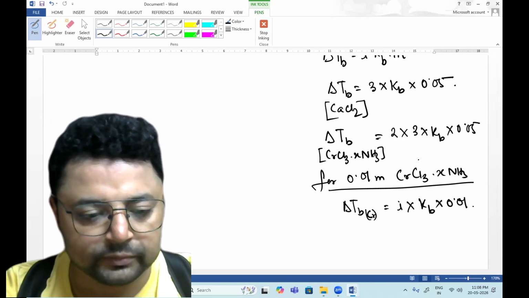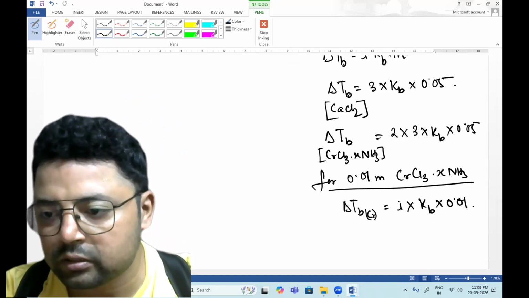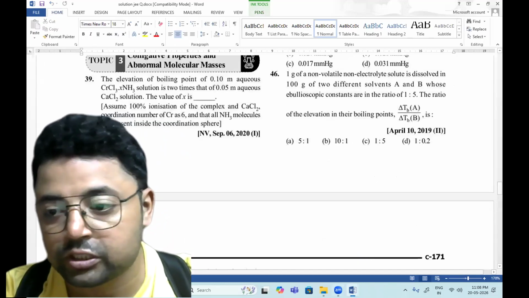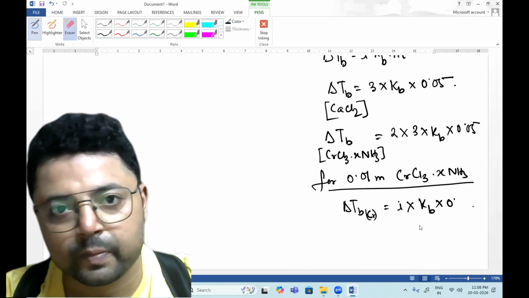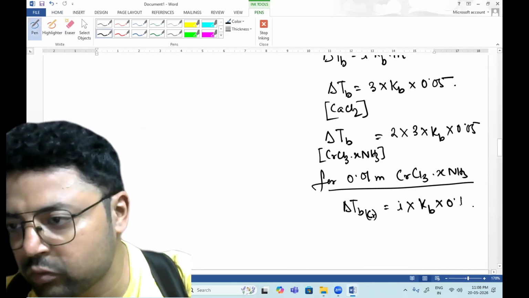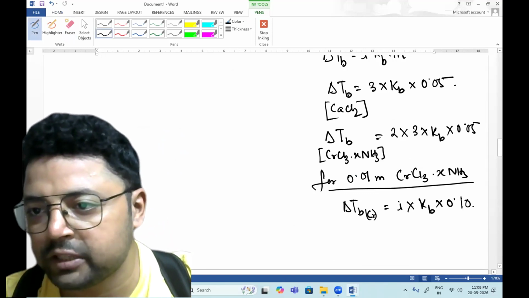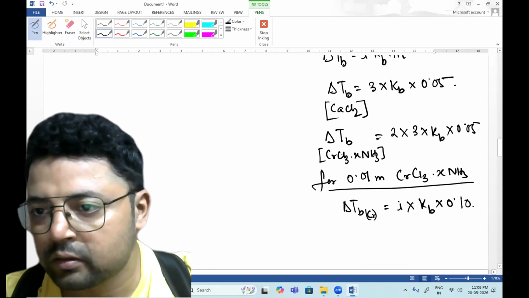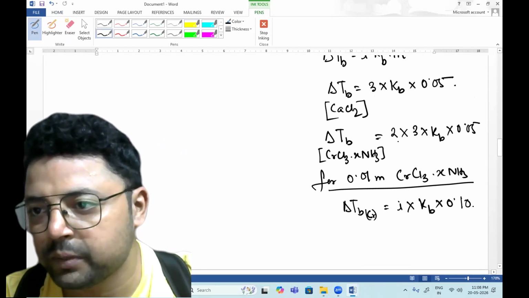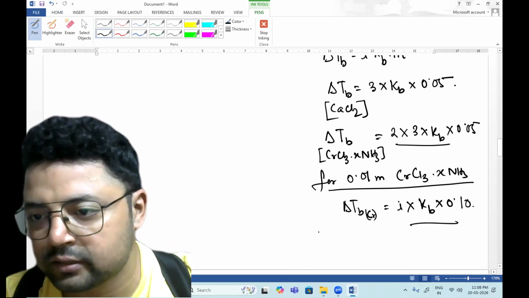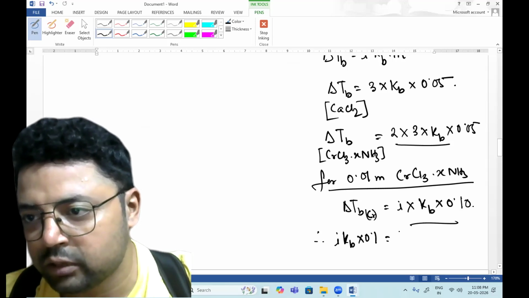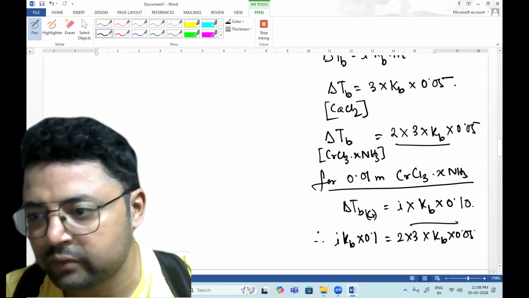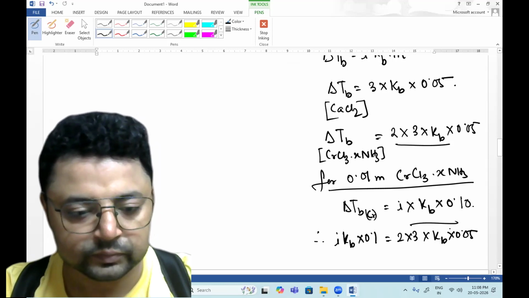So you have 0.05. So this is 0.10, not 0.01, it is 0.10. Therefore, you have to compare these two. Therefore, i Kb into 0.1 equals 2 into 3 into Kb into 0.05.